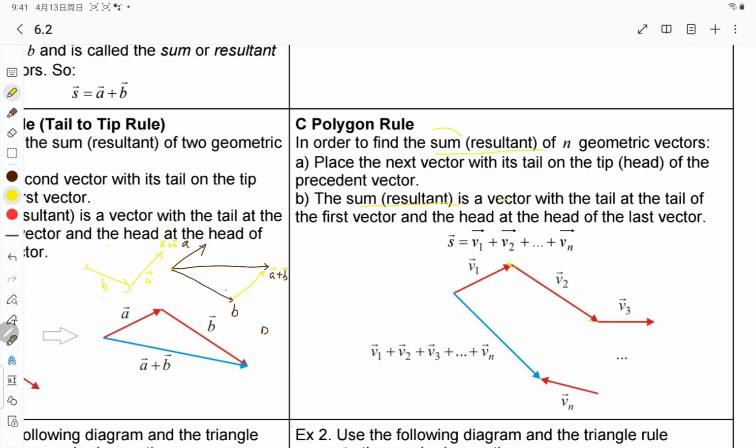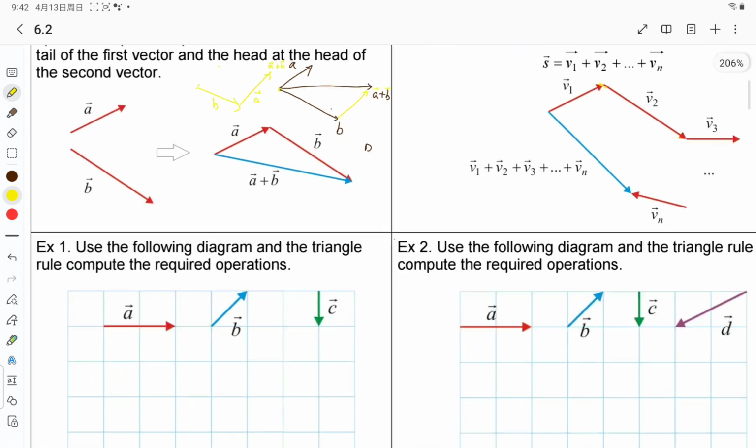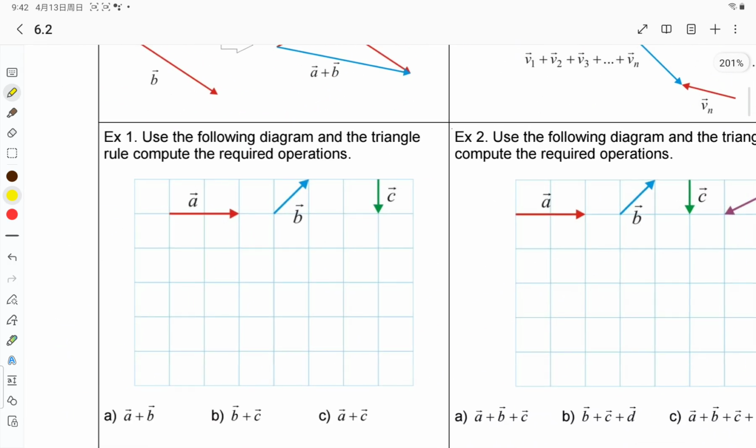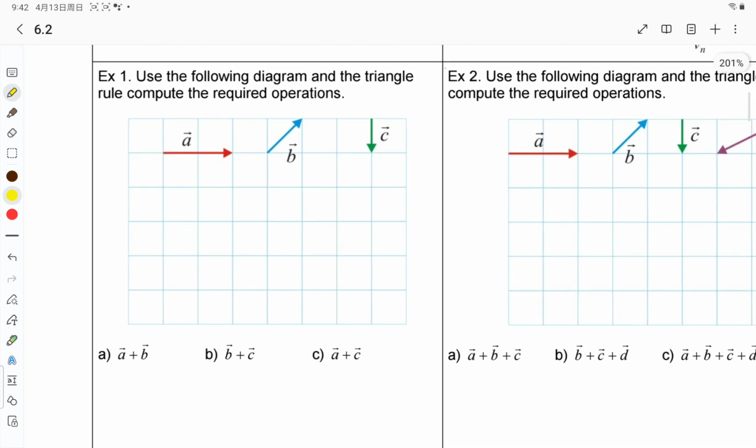It's only this word, because later I think there's something called resultant force, and in physics, if we draw them down, it's just summing up different forces and then seeing the overall resultant force. Okay, I think this is very intuitive. And then the following diagram, I think it's fine.